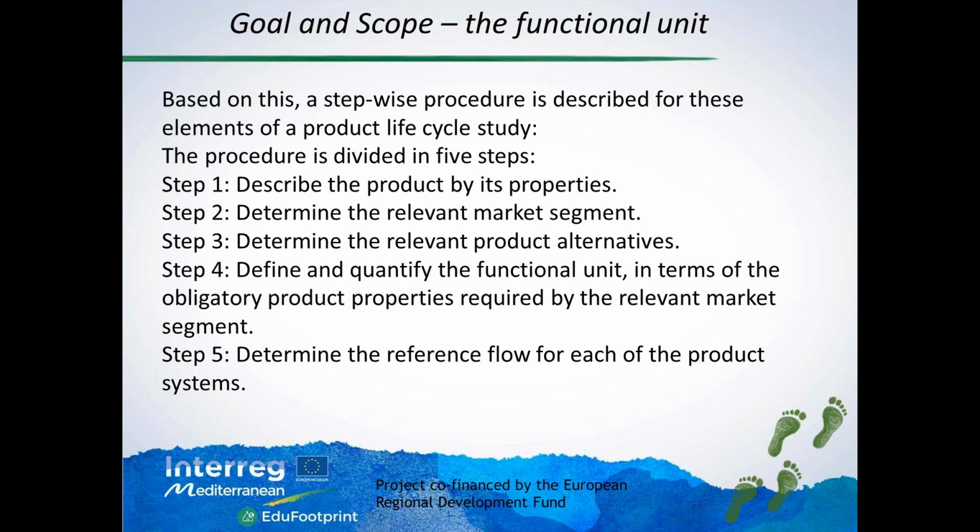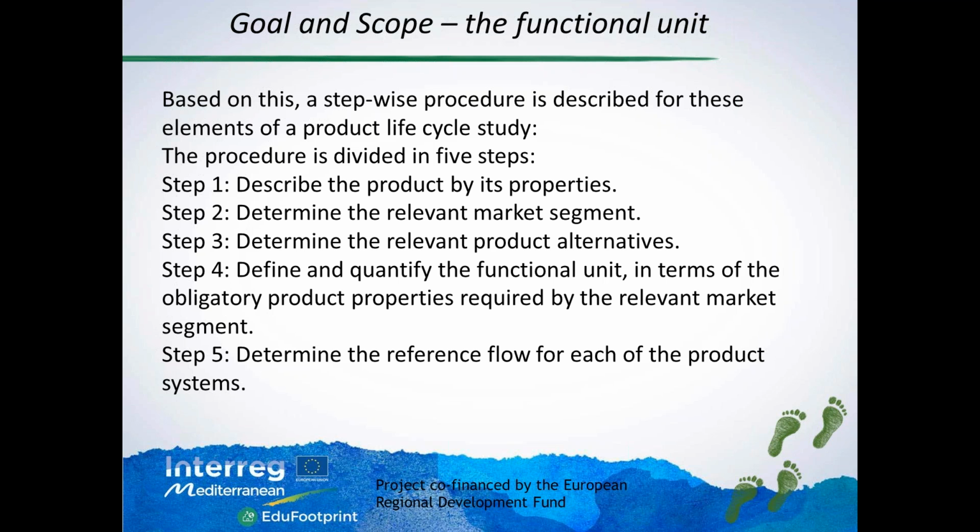In the examples I used earlier, I talked about fresh milk inside 2 kinds of packaging. So I describe the product and its properties. I mean, it's a fresh milk, for example, non-pasteurized milk.